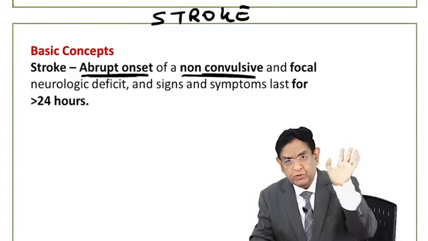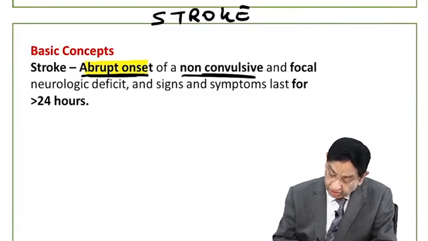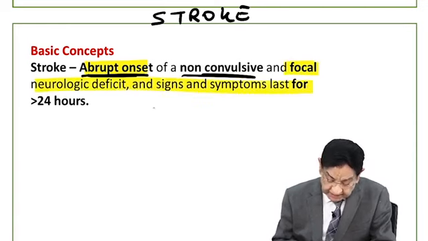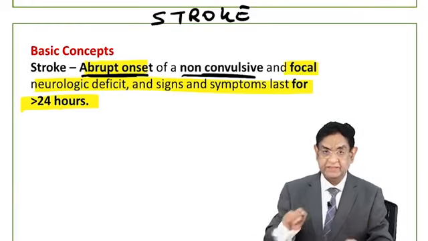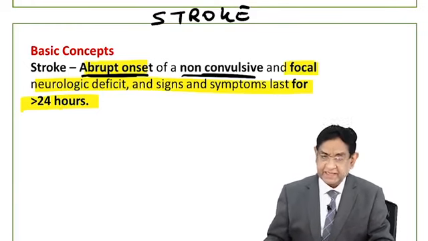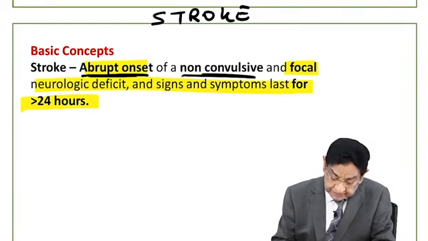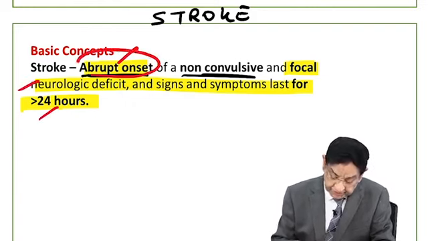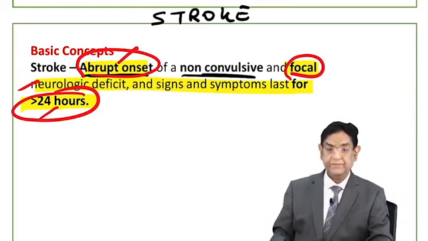So if you rule out convulsion, then abrupt onset of any focal deficit that lasts for more than 24 hours is stroke. Write down this definition. Write down what I have marked with the yellow pen. Abrupt onset. Focal deficit lasts for more than 24 hours.